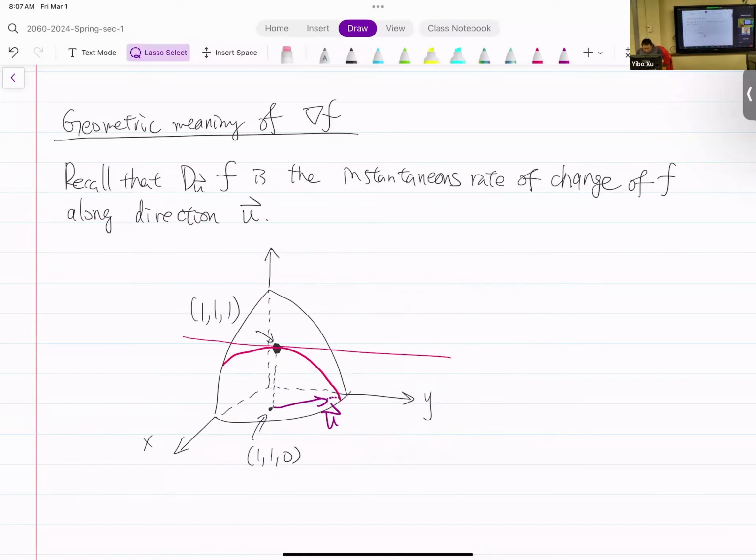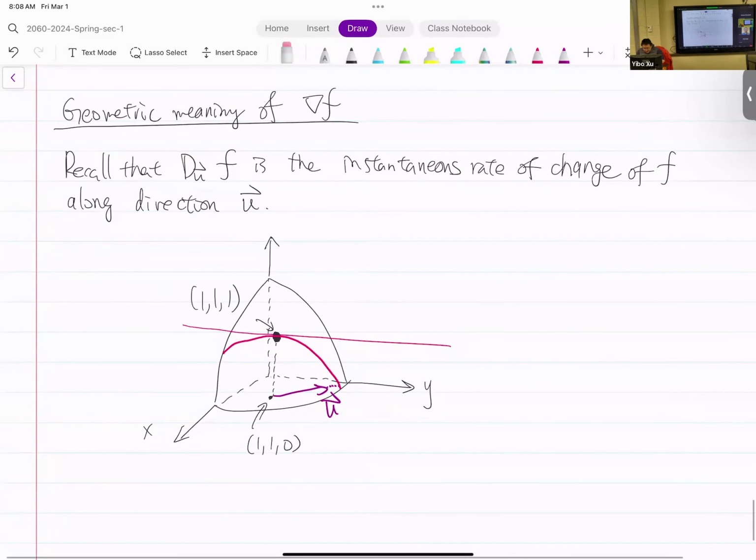The slope here looks to be negative, so going along the direction of u, your function value is decreasing. But if you choose to go along the negative direction of u, then you are going the opposite direction, which is increasing along the same line, right? So that instantaneous rate of change is representing that. And this looks to be a slide that descends in a way along this red curve.